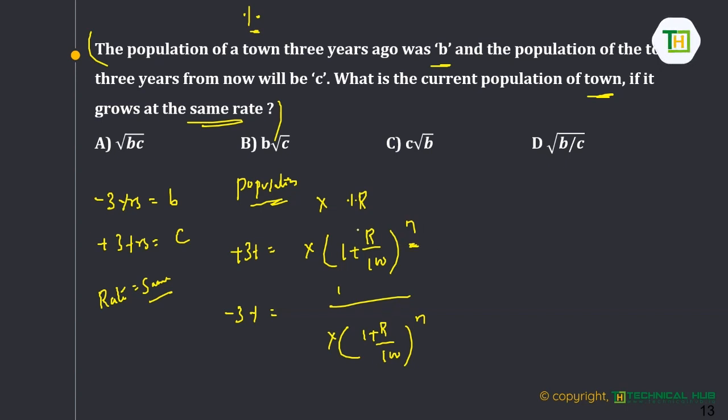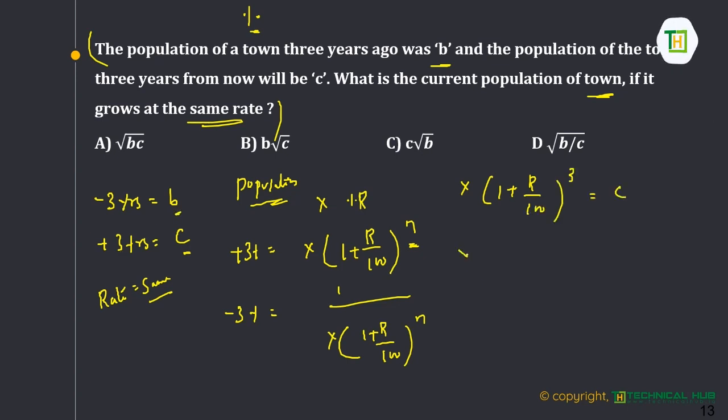See, after 3 years, what is the population given here? After 3 years, the population is equal to C. So X into 1 plus R by 100, whole to the power of cube, is equal to C. And similarly, before 3 years, what is the population given?